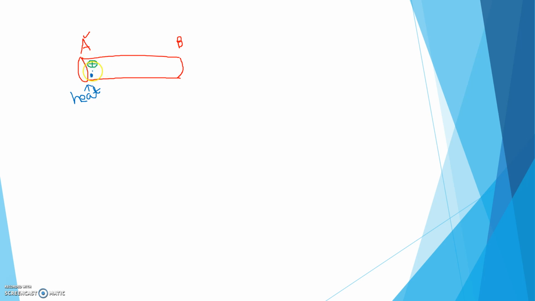That kinetic energy will increase the velocity of the particles at the A terminal. Now the electron is very small in size compared to the metal ion, and obviously very light in weight, right? If you consider an electron and a metal ion, the weight of the metal ion is far more than the weight of a single electron. Yes or no?